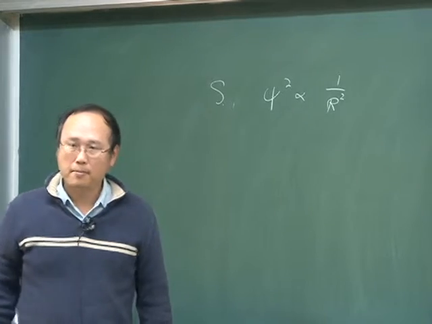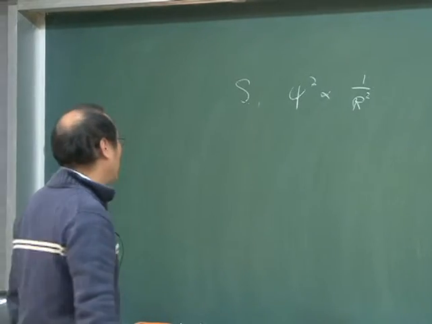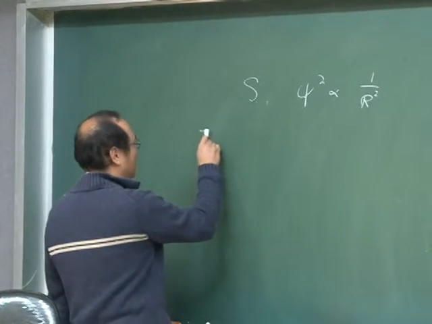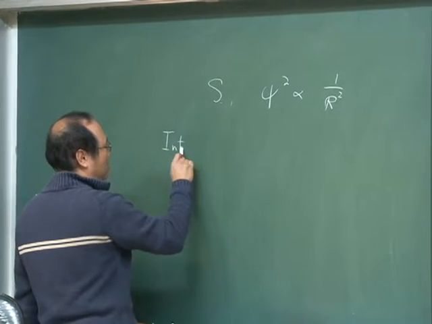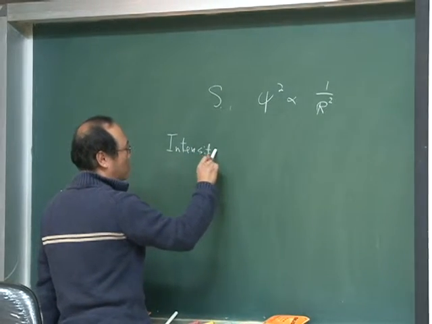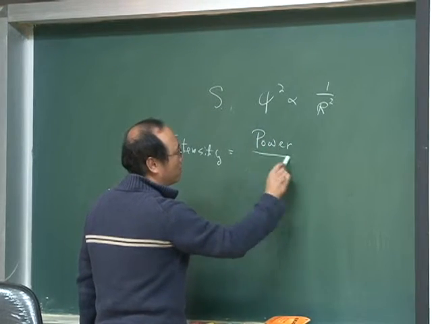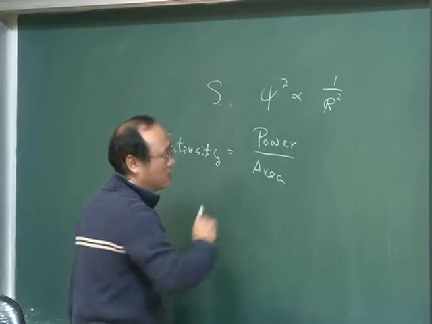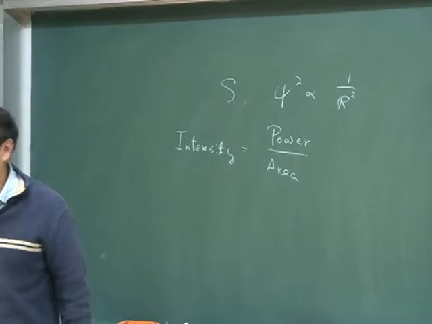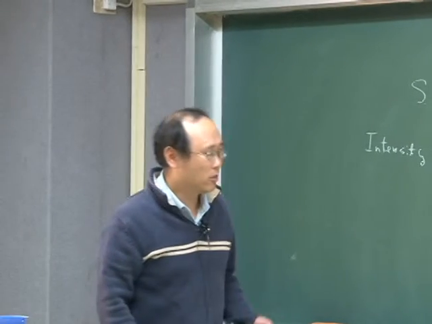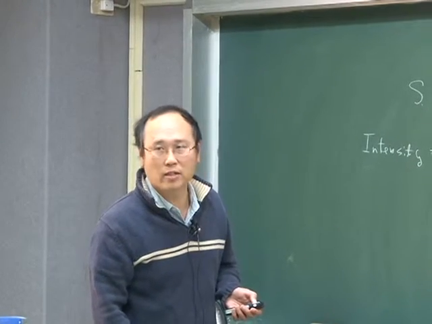But intensity is defined to be power over area. So if you want to conserve power, you do need to have this kind of dependence.